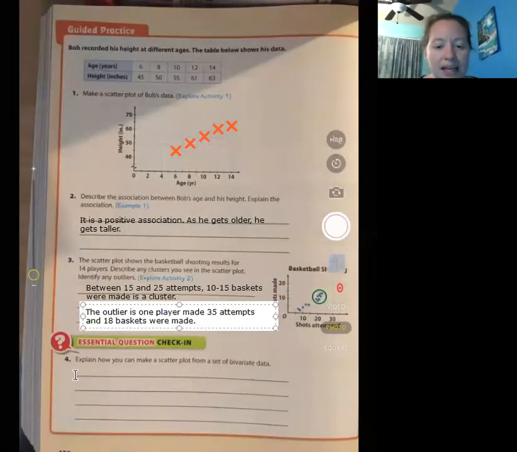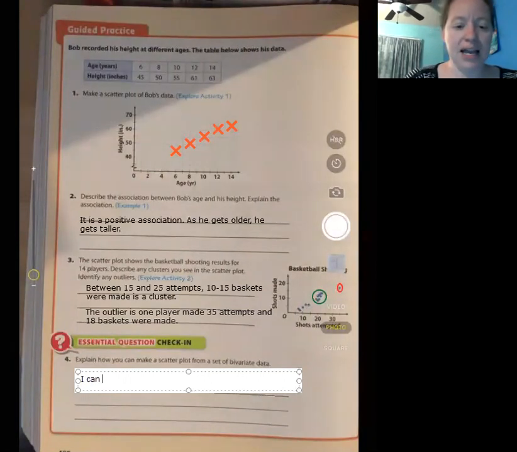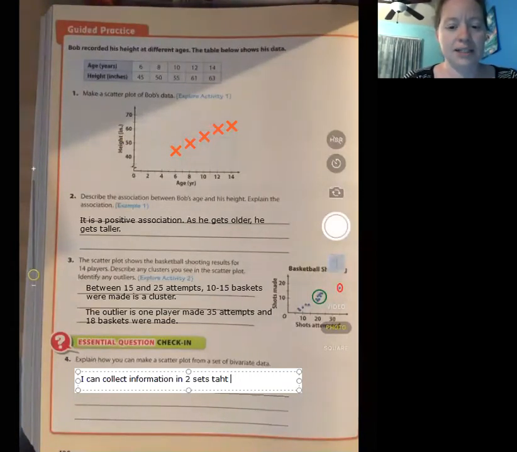Explain how you can make a scatter plot from a set of bivariate data. Okay, I can collect information in two sets that are dependent on each other.